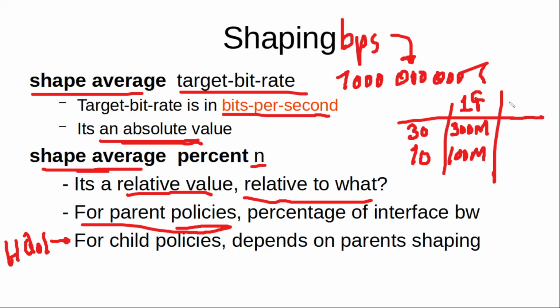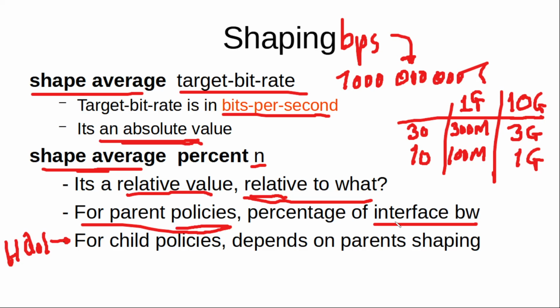But if my interface was a 10 gigabit per second interface, then 30 will translate to 3 gigabit per second, and 10 will translate to 1 gigabit per second. So this is actually a relative value to the interface bandwidth.